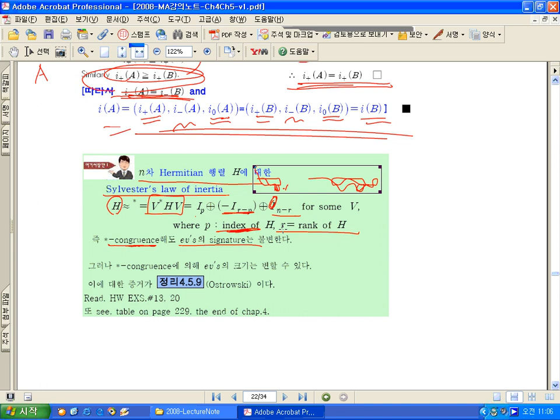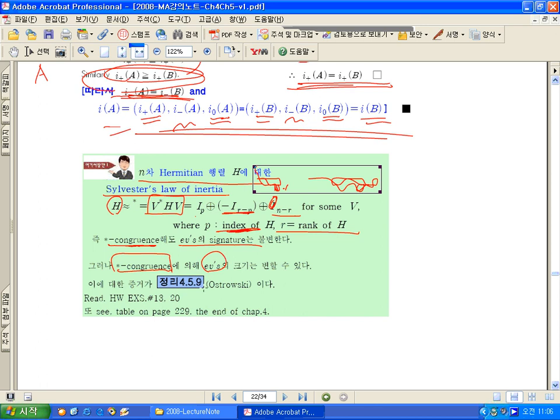But you should know that star congruence can change the size of the eigenvalues. It only says something about the number of positive, negative, and zero eigenvalues. We can always change the size of the eigenvalues.